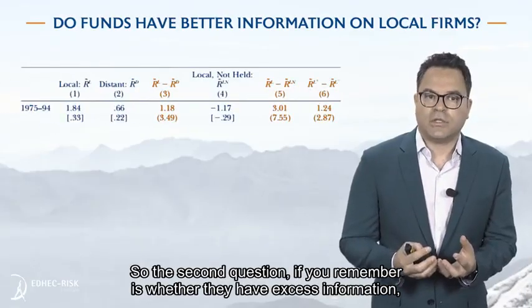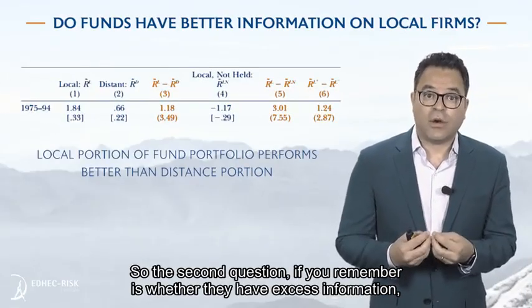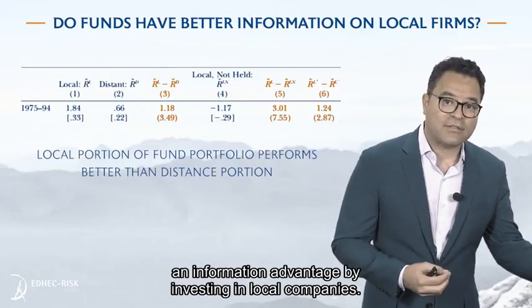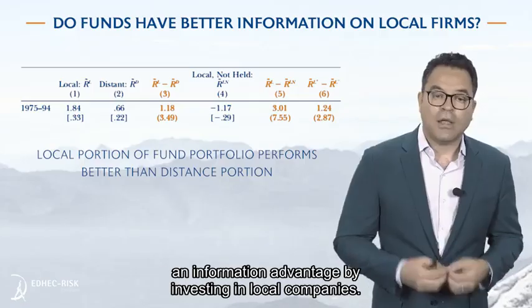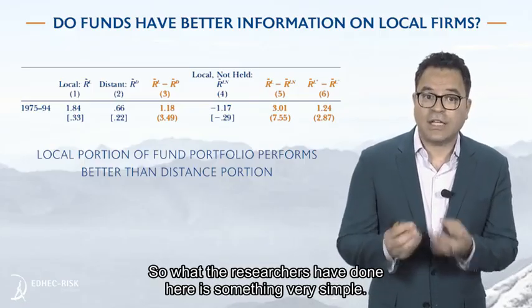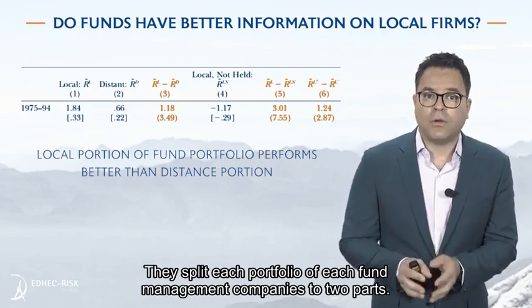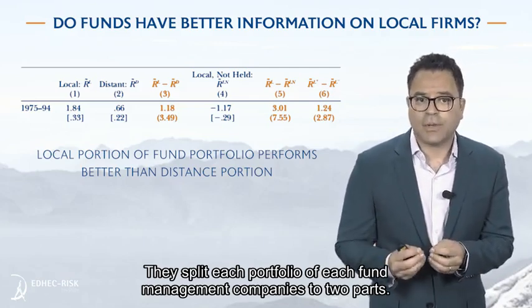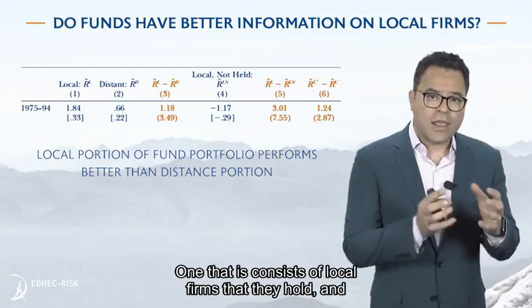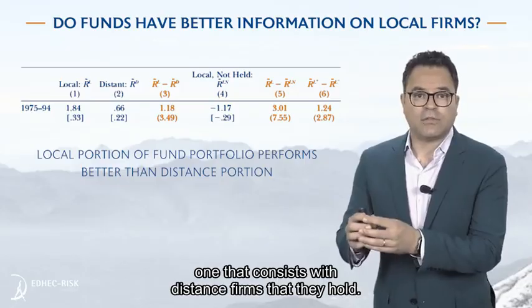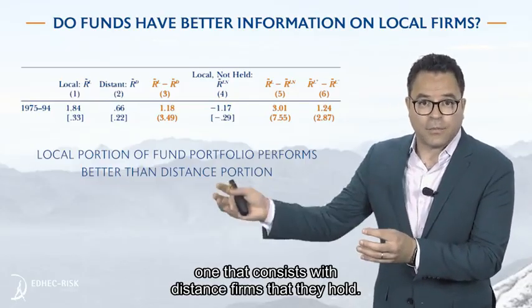So the second question, if you remember, is whether they have access to information, an information advantage, by investing in local companies. What the researchers have done here is something very simple. They split each portfolio of each fund management company into two parts: one that consists of local firms that they hold, and one that consists of distant firms that they hold.